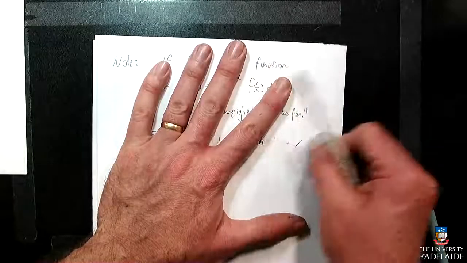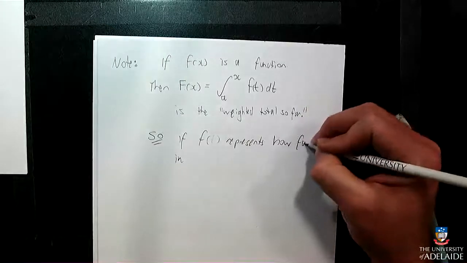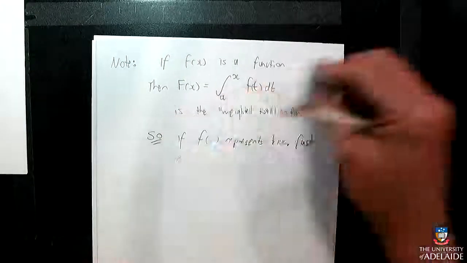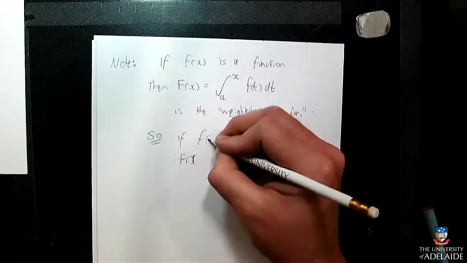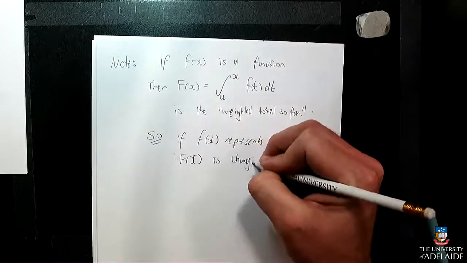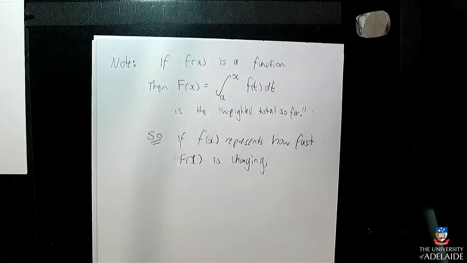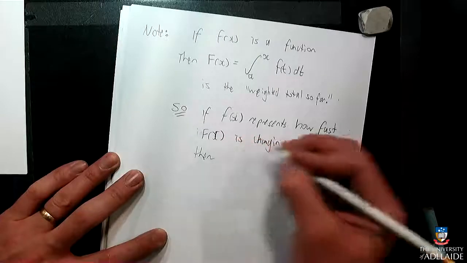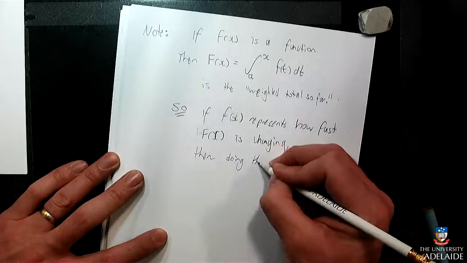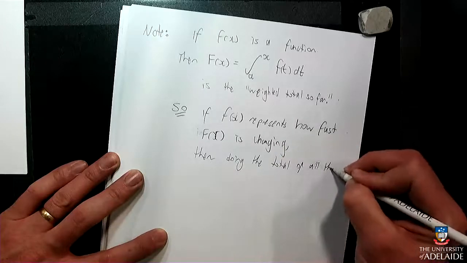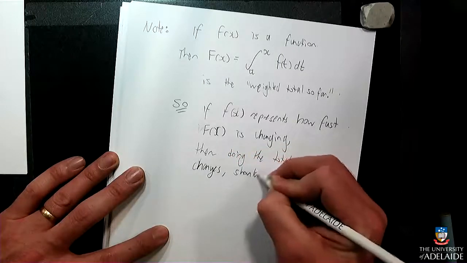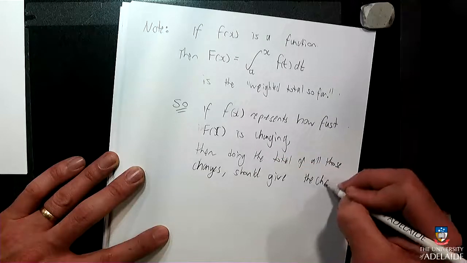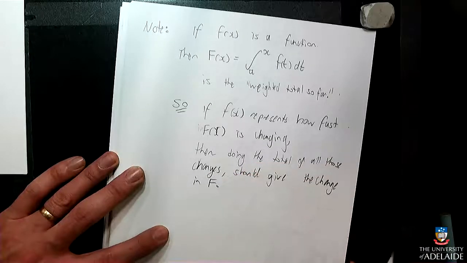If f of t already represents how quickly a function is changing, then when you add up all of those little changes, it should give you the change in f of x.